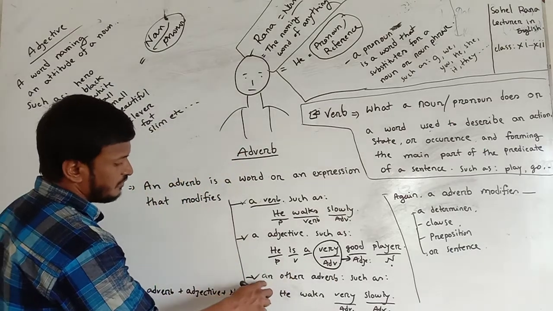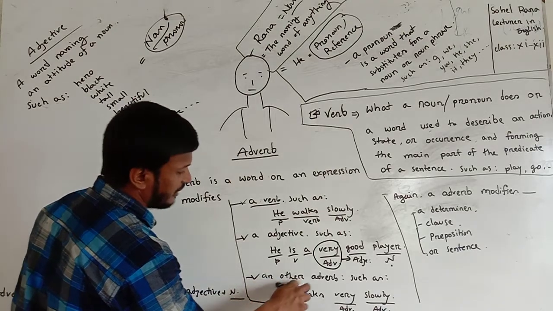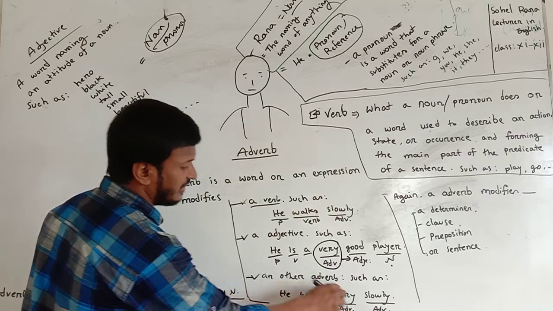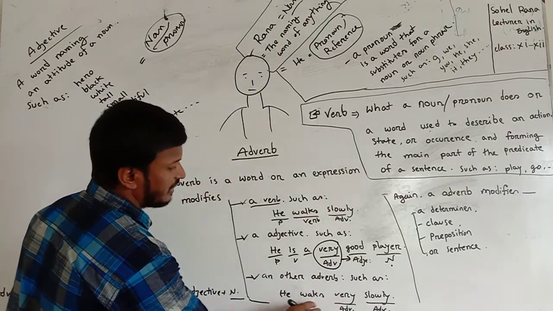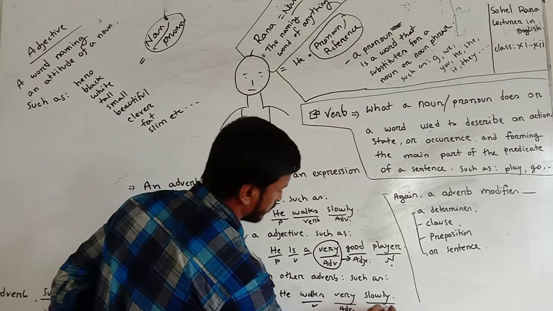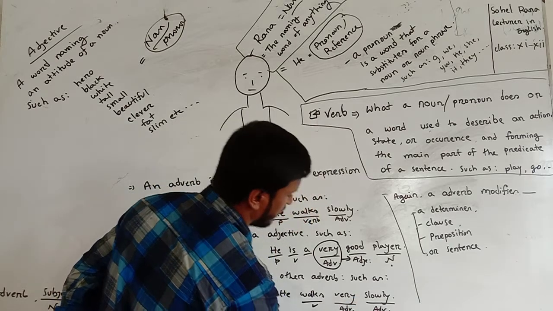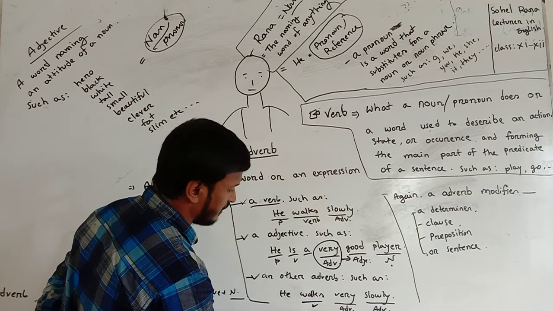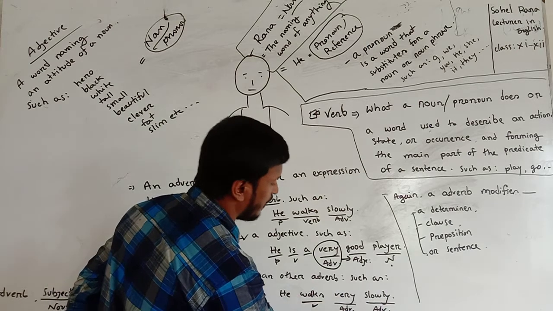And again we can say that, in other words, an adverb modifies other adverbs, such as: he walks very slowly. Walks is a verb and slowly is an adverb, because slowly tells about the verb, how he walks.